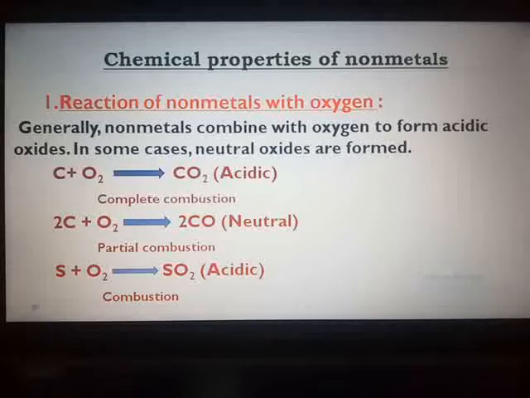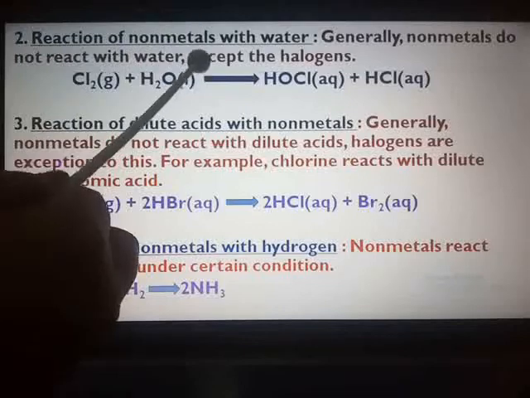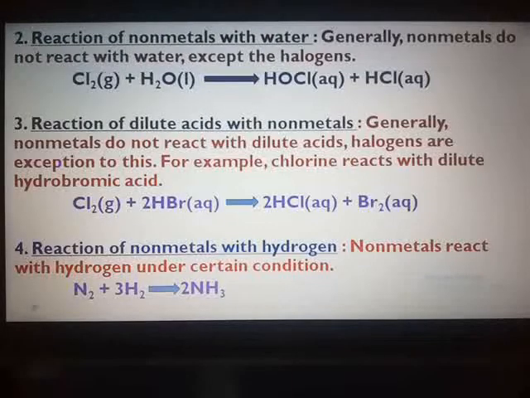The next we will see is reaction of non-metals with water. Whatever you have studied with the reaction of metals with water, the same you are studying for non-metals. Generally, non-metals do not react with water except the halogens. What are halogens? The ones which have 7 electrons in their outermost orbit, like chlorine, bromine, iodine.